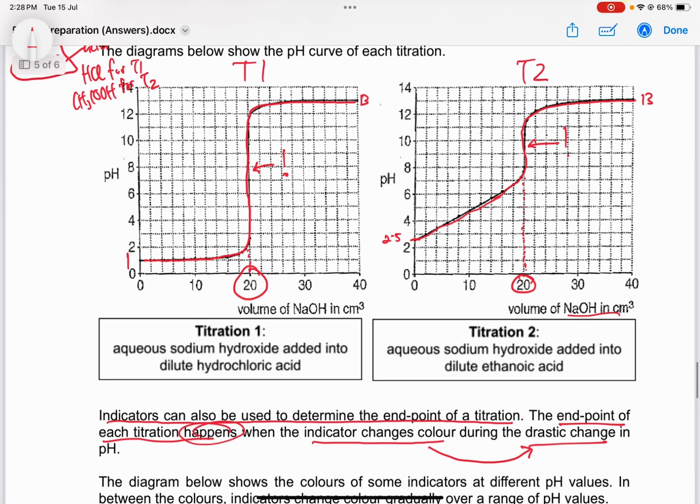So you realize for T1, the drastic change happens between pH 2 to about pH 12. So for T1, the pH changes from 2 to 12. This is the range that the pH changes. Whereas for T2, it is from here to somewhat about here. So where the endpoint happens is from about 8 to 11. Okay, 8 to 11.